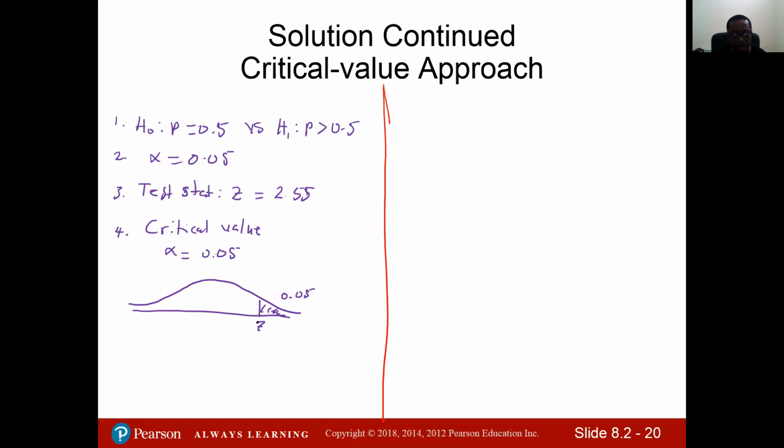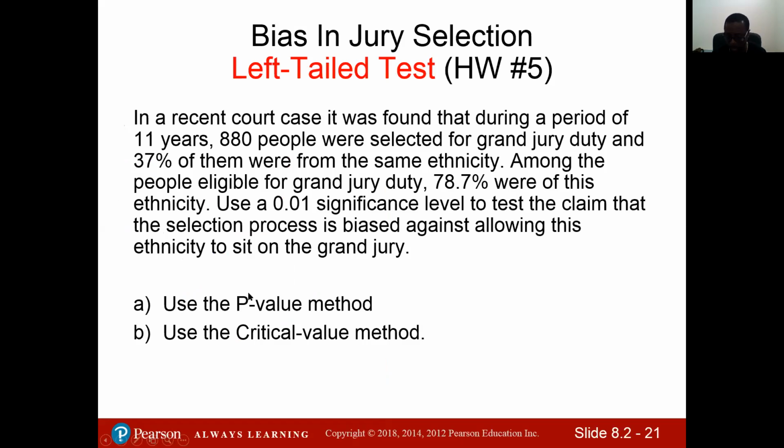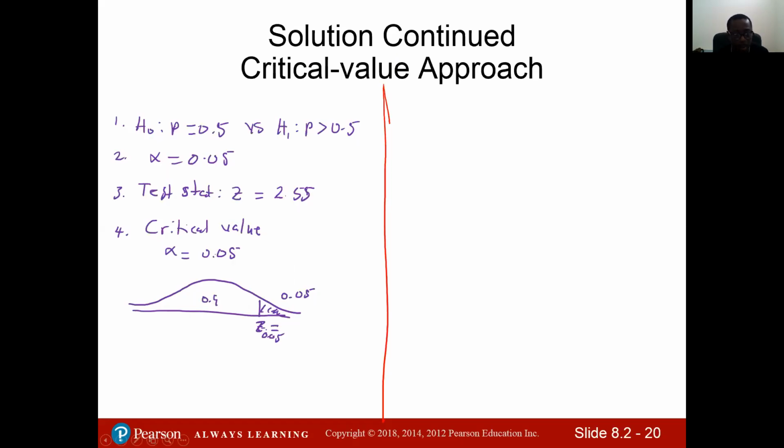What is the Z value, the critical value, that gives you that? This is what you are looking for, Z 0.05. So to the left is 0.95. You go to the table and you are reading 0.95 to the left.